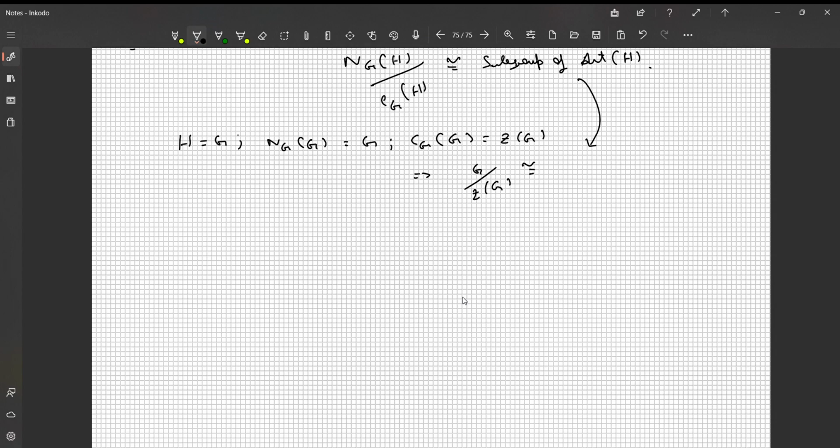So this automorphism defined by the action of conjugacy is called an inner automorphism. Definition.